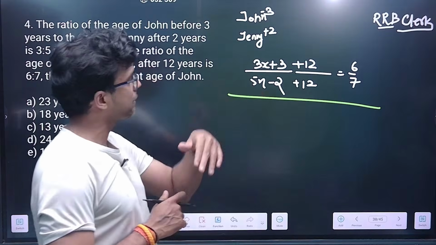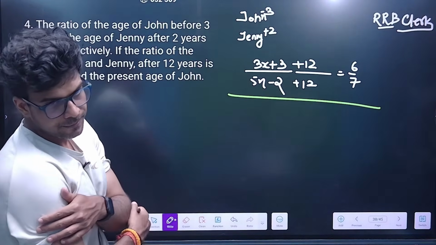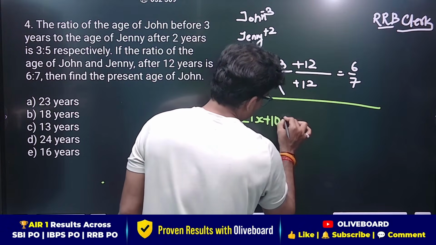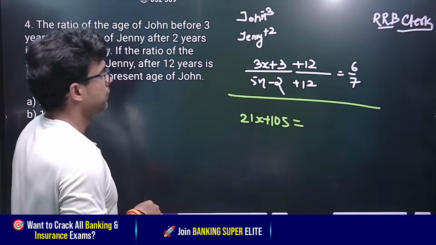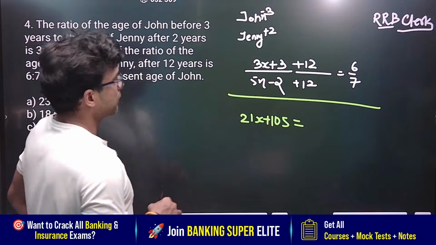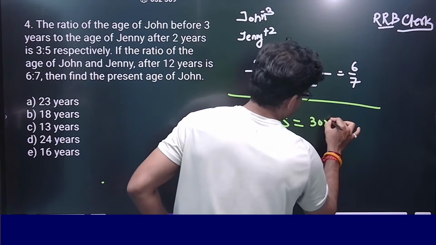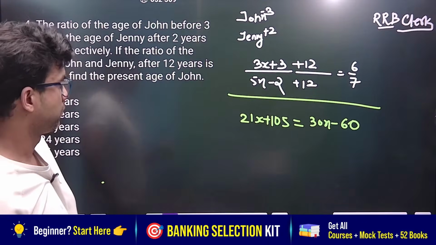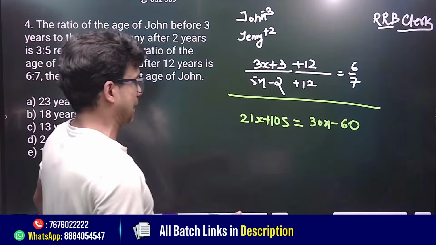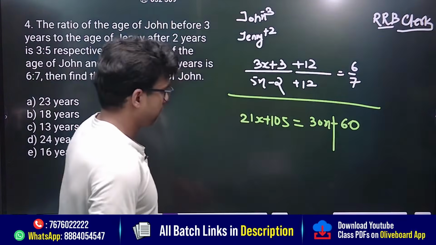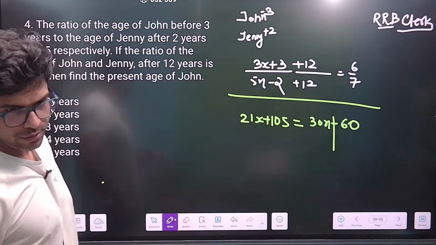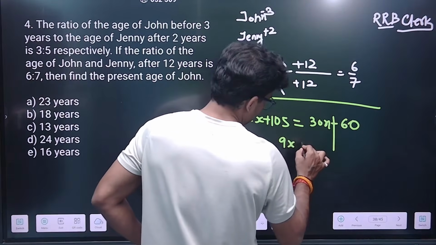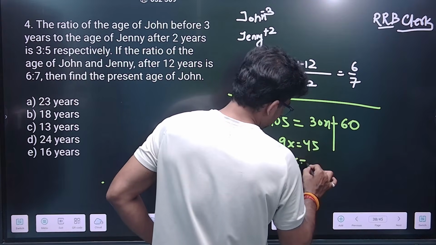What is the value of x? 21x plus 105 is equal to 30x minus 60, plus 30. Sorry. 9x equals 45. X is equal to 5.